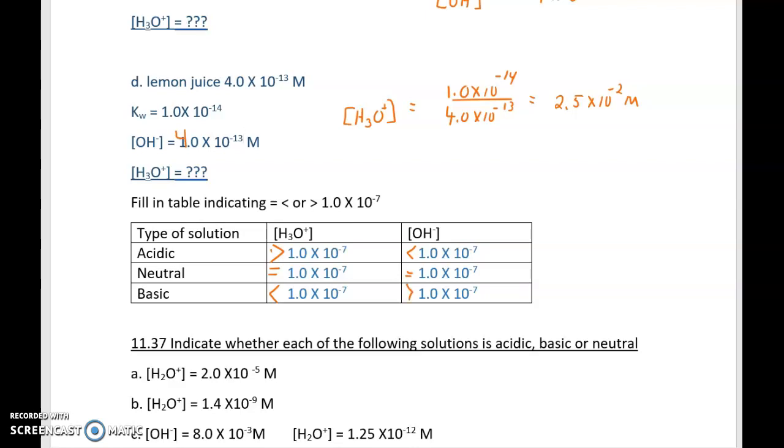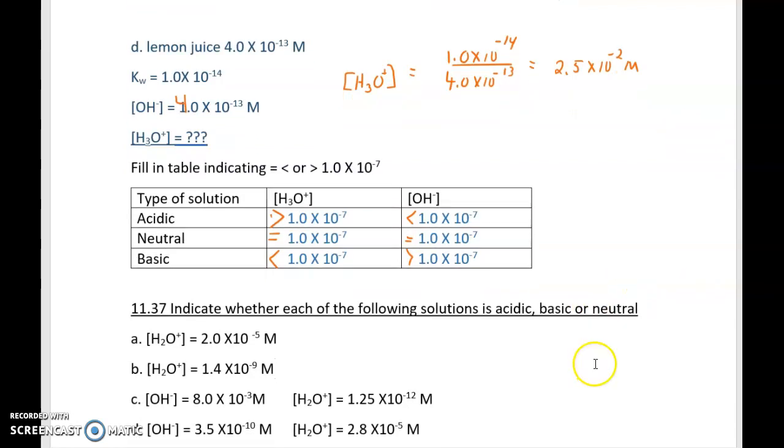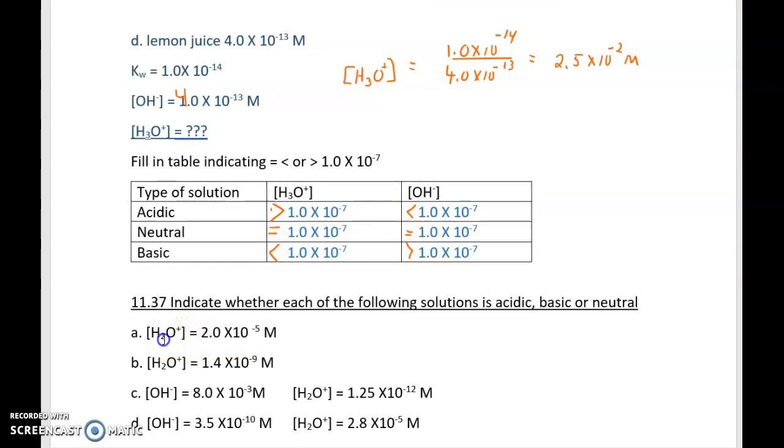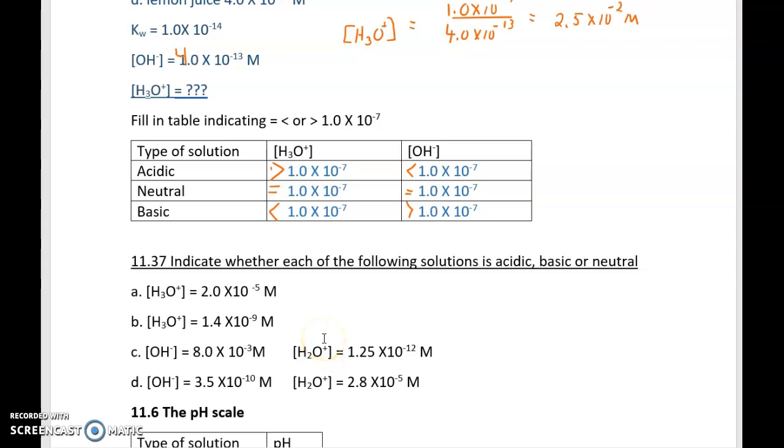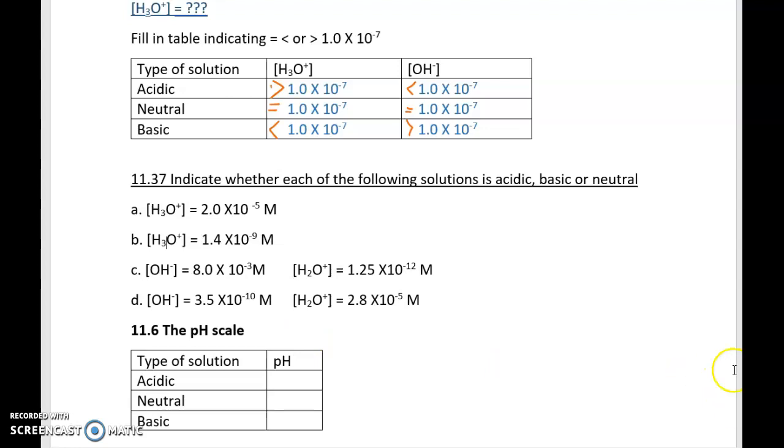So we can look at different solutions and decide whether we think they're acidic or basic. And I believe these are supposed to be 3s. They wouldn't have that plus there if they weren't supposed to be 3s. Okay. So let's look and see whether we think these are acidic or basic.